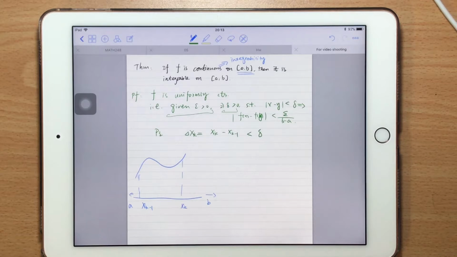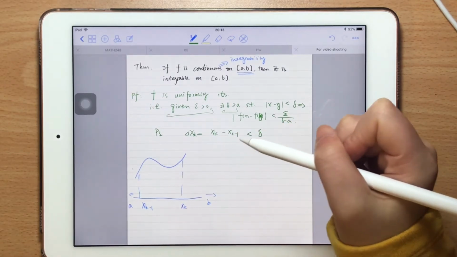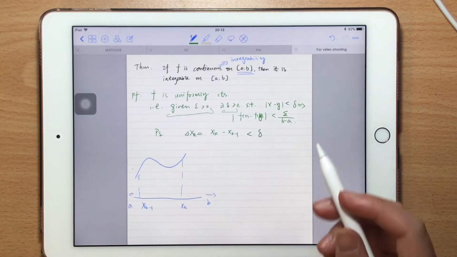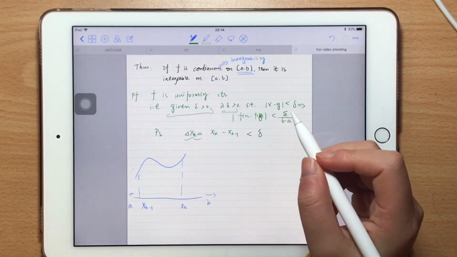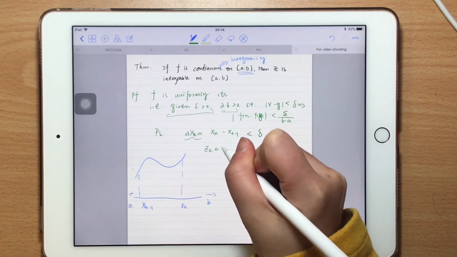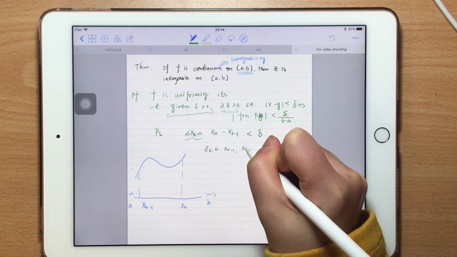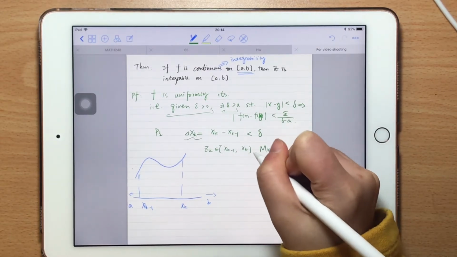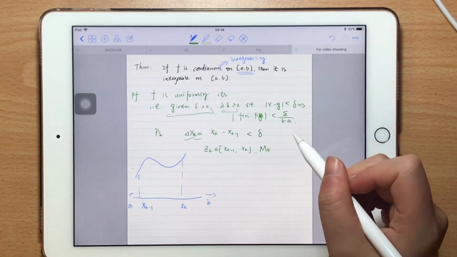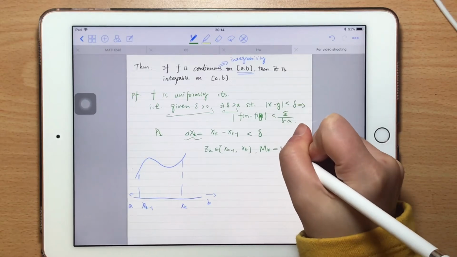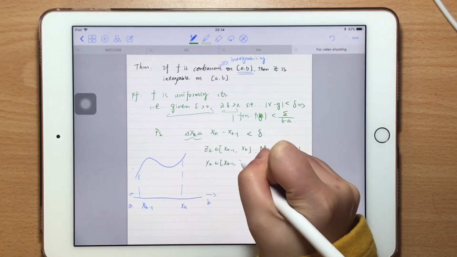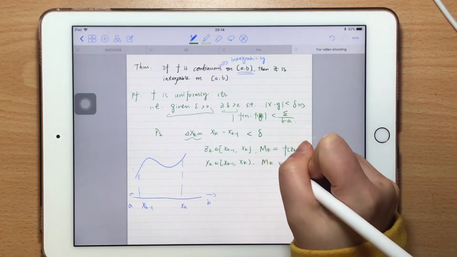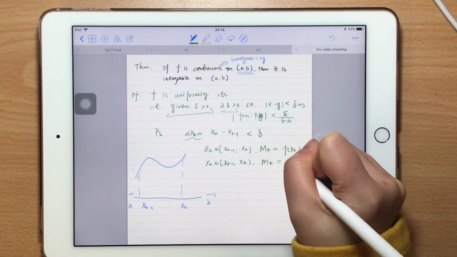By the extrema value theorem, the function takes its maximum and minimum in this interval. So in a particular subinterval, we must have some zk in xk minus 1 to xk such that capital Mk, the maximum value of the function in this interval, is equal to f(zk), and there exists yk in this small interval such that the minimum, small mk, is equal to f(yk).